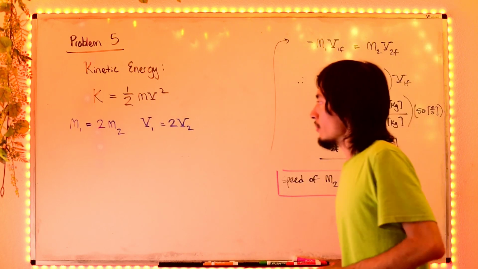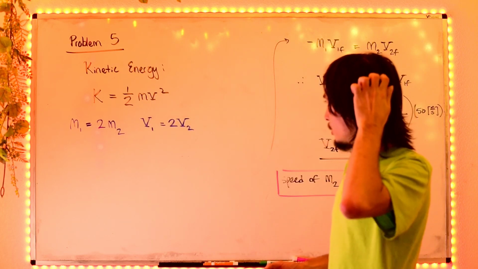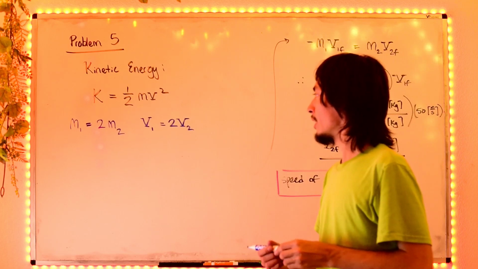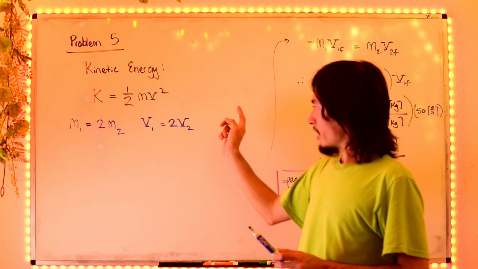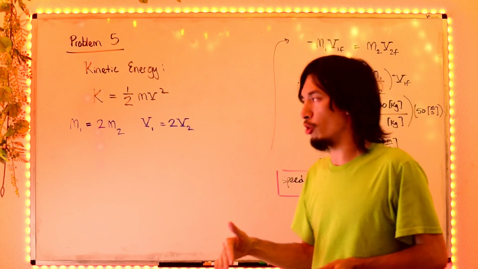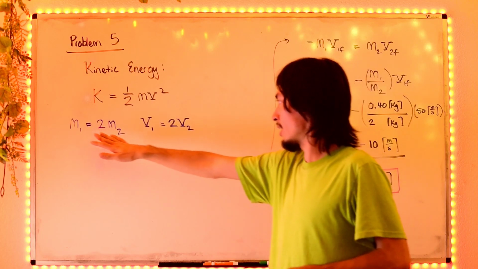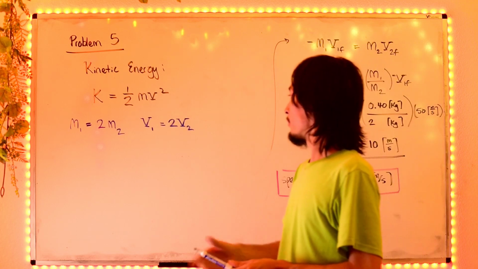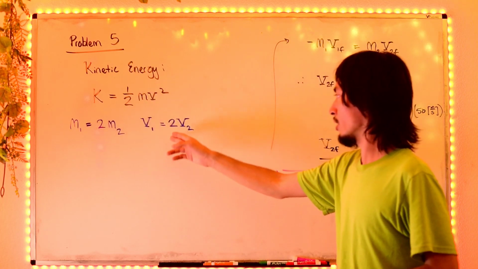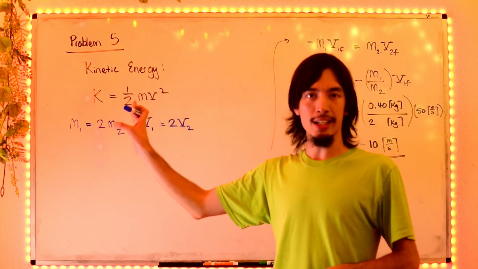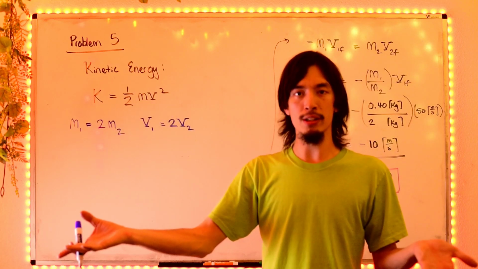Now, here's how you use this concept I'm about to apply to get the answer very quickly. Given that we're going to ask what happens to 1 in comparison to 2, because these statements both say what's happening to 1 in comparison to 2. For instance, mass 1 is twice as much, and velocity 1 is also twice as much. The result we're going to get is going to be for 1 in comparison to 2.